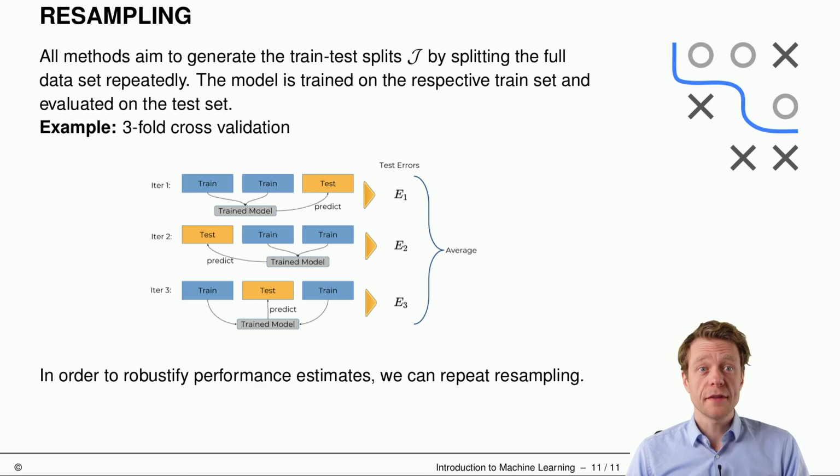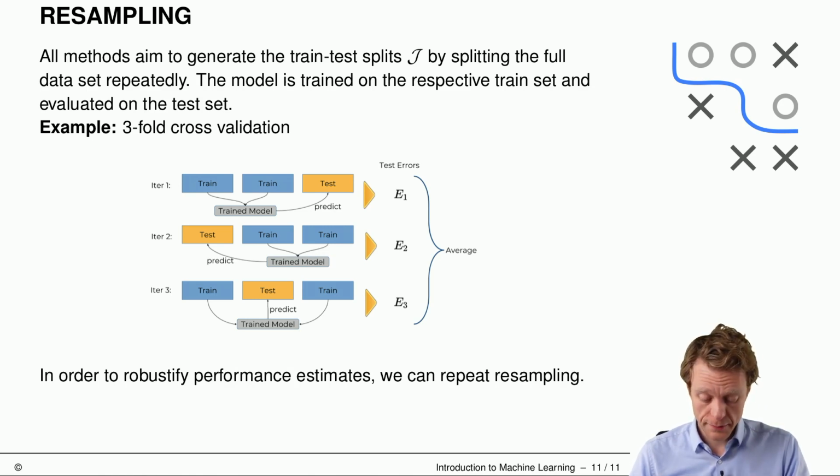As said, all these methods aim to generate the train test splits by splitting the full data set repeatedly. Then we train on train, we test on test, and aggregate somehow the test results. You see here one visualization of threefold cross-validation, and we go over this in detail in the specific chunk on resampling.